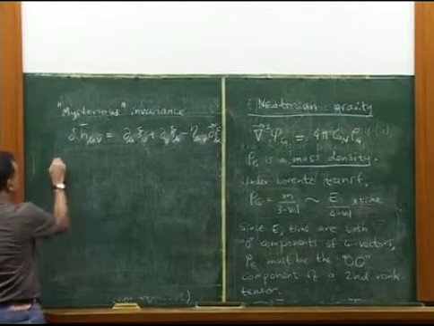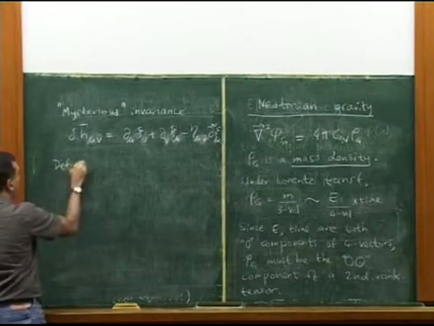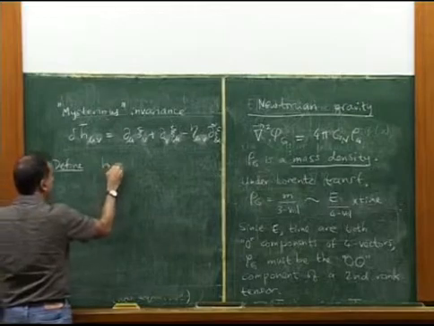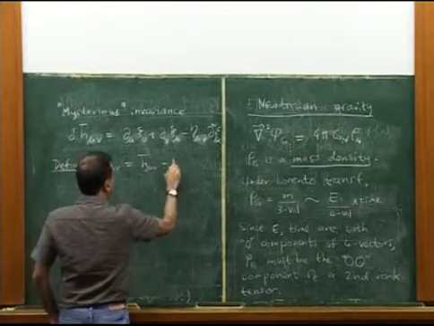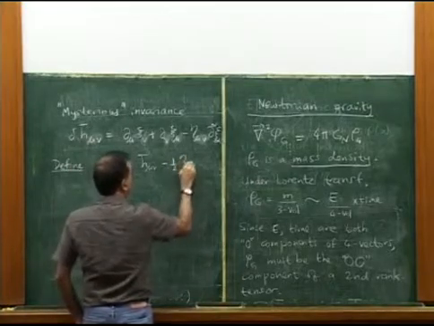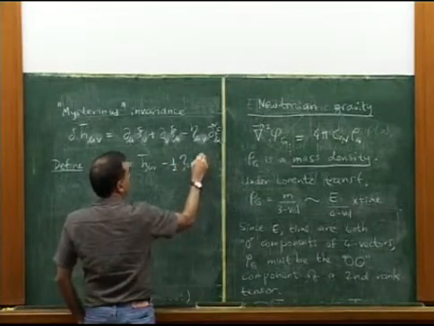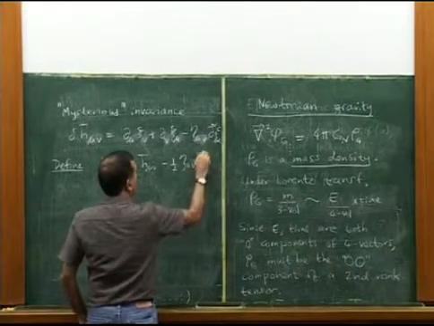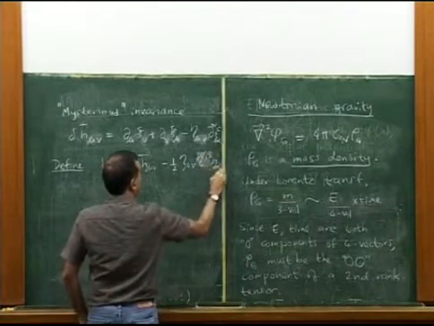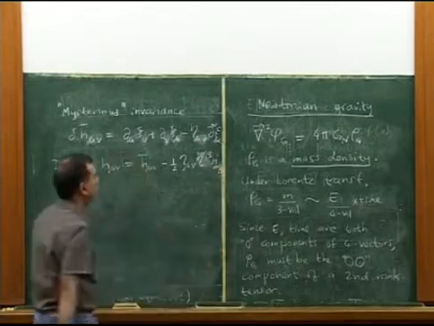So let's define a new variable h mu nu to be h bar mu nu minus a half eta mu nu eta alpha beta h alpha beta.